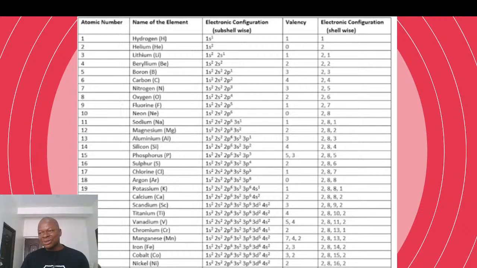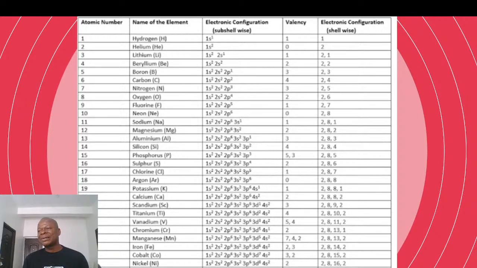Now, if you go to 19, you have the name of the element by that atomic number 19. It is there. Look at it there. That's potassium.